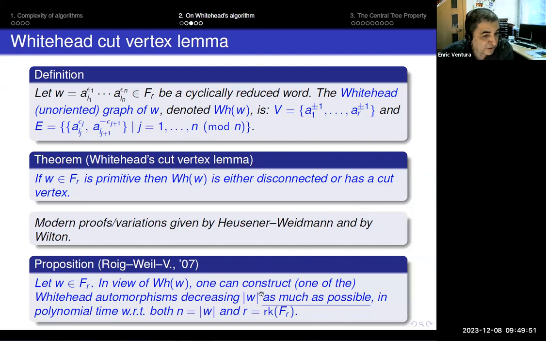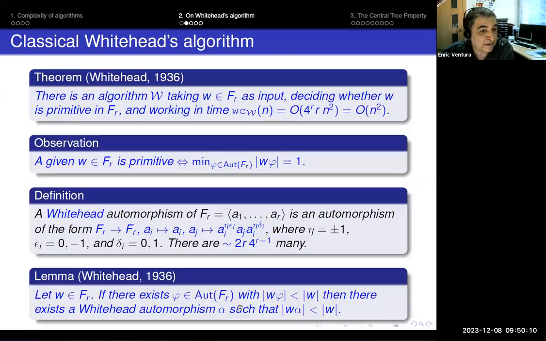You can construct directly the Whitehead graph, decreasing the length of the word as much as possible. So let's say the best Whitehead graph for this particular word. And you can do this in polynomial time with respect to the length of the word and with respect to the ambient rank. Yeah? Remember that this dependency was exponential on the ambient rank.